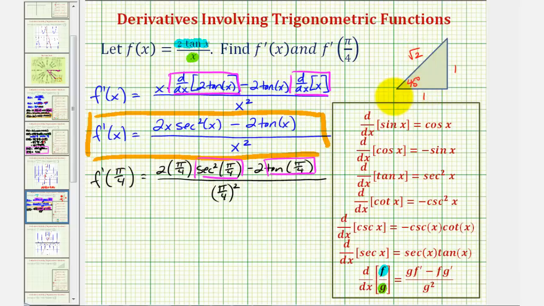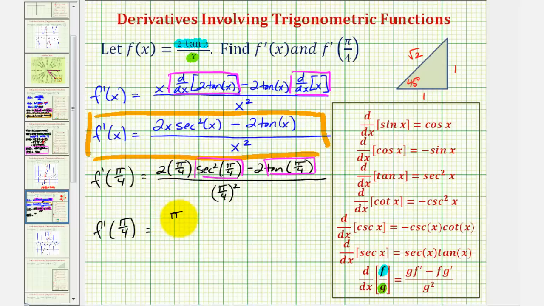Remember, the secant function is reciprocal of the cosine function. And then tangent pi over 4 would be the ratio of the opposite side to the adjacent side, which in this case would just be 1 divided by 1, or 1. So f prime of pi over 4 equals, well, 2 times pi over 4 would be pi over 2.